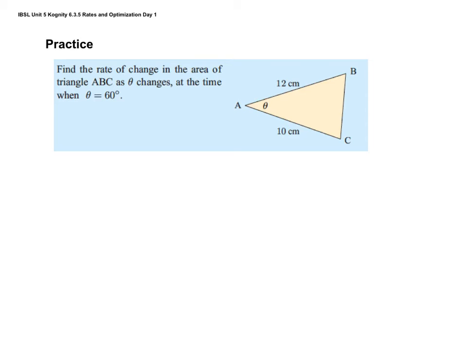All right, so let's look at another application here. This is kind of an interesting one. Find the rate of change in the area of triangle ABC as theta changes at the time when theta equals 60 degrees.